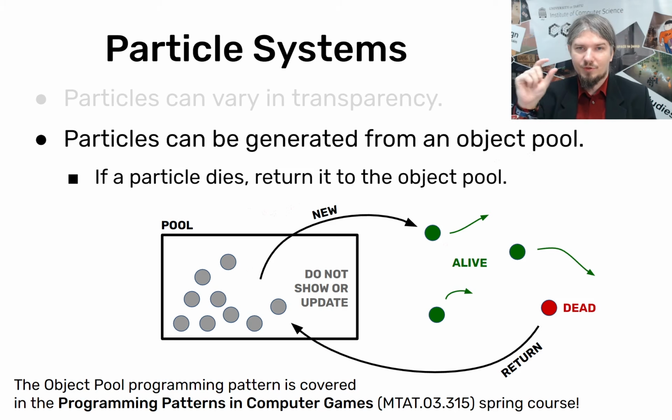You're assigning them a position, some kind of a time that they are supposed to live, and maybe some velocity, and then they start moving around. When their time to live expires, then they become dead, and you return them to the pool again, making them invisible, but still keeping them in memory. This pattern and more is covered in the programming patterns in computer games course that we have in Spring.